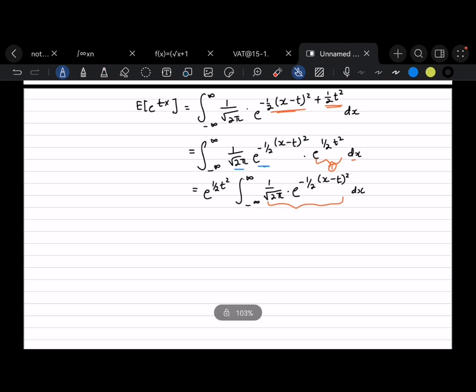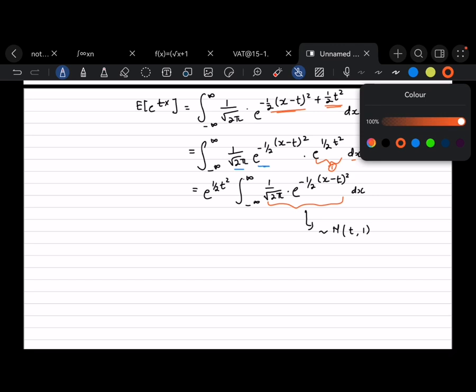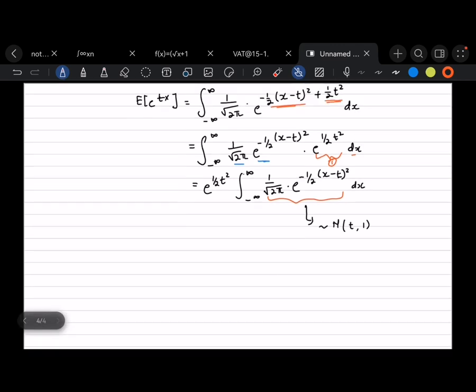It's not a standard normal, it's a normal distribution. Now we are integrating a normal distribution from negative infinity to positive infinity. Because this is a probability function, integrating over its support, this integral will just be equal to 1.